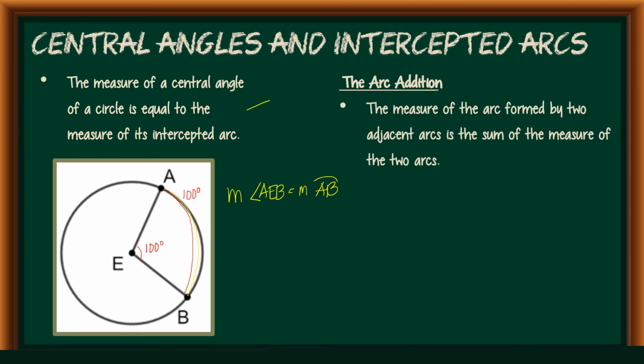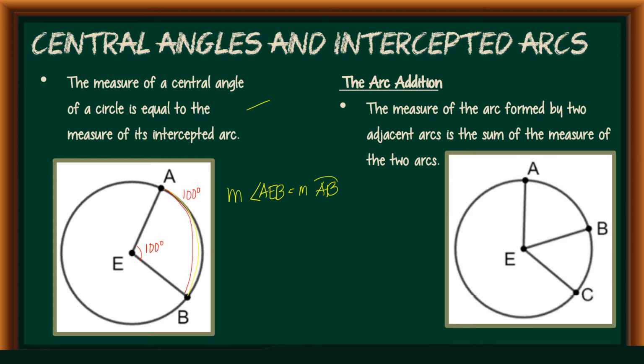Another one, the arc addition postulate. This says that the measure of the arc formed by two adjacent arcs is the sum of the measures of the two arcs. So if we have this long arc, the measure of arc ABC is simply equal to the measure of arc AB plus the measure of arc BC.